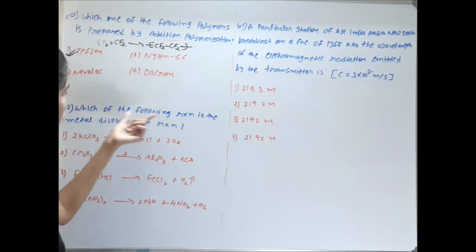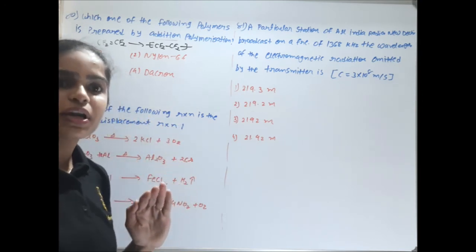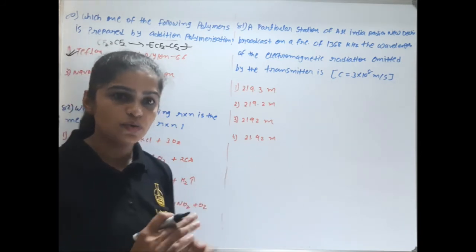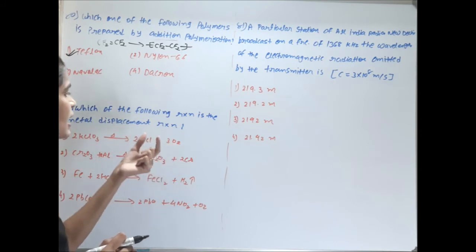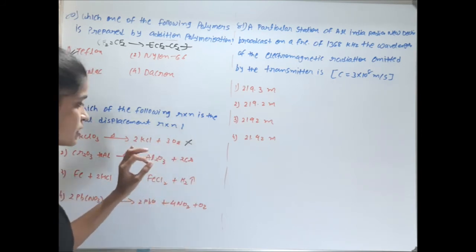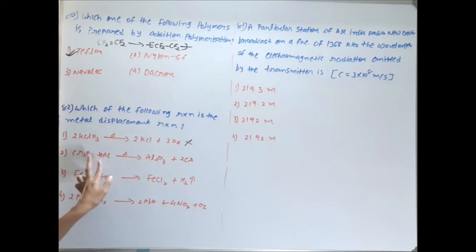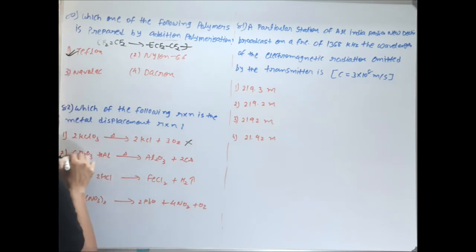Next: which of the following reactions is a metal displacement reaction? Metal displacement means the more reactive metal displaces the less reactive metal. First, KClO3 is converted into KCl plus oxygen. This is a decomposition reaction, so cancel it out. Next is Cr2O3 and aluminium. Chromium is replaced by aluminium, so this is a replacement reaction.